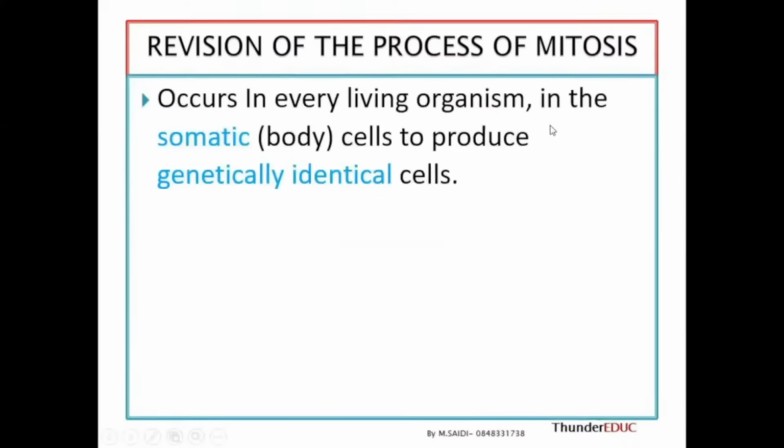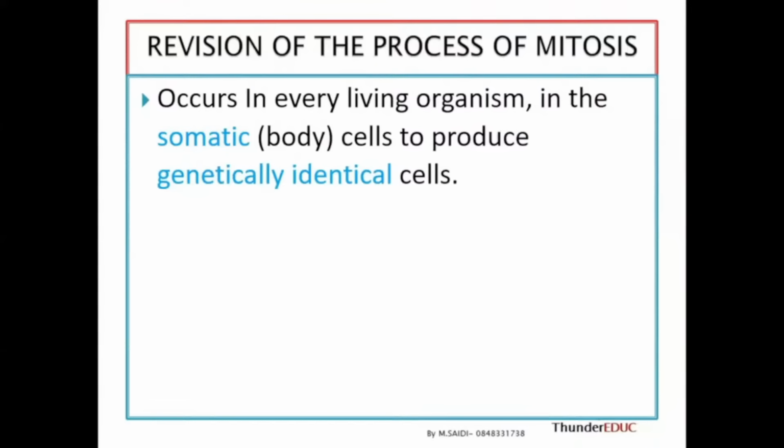So mitosis occurs in every living organism, in the somatic body cells, those are the body cells, other cells other than sperm and ovum, to produce genetically identical cells. So you can have a hole on the cheek, and you need meat. What they can do is cut from the bum and put it on the cheek.